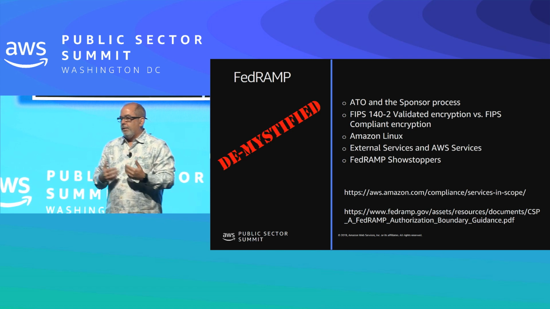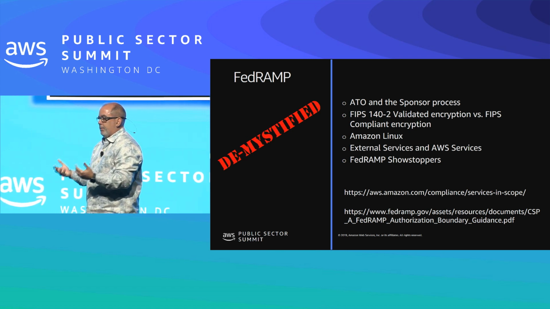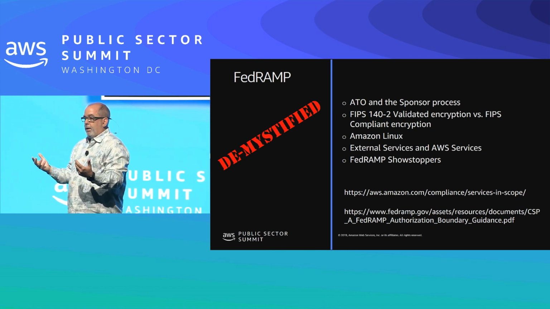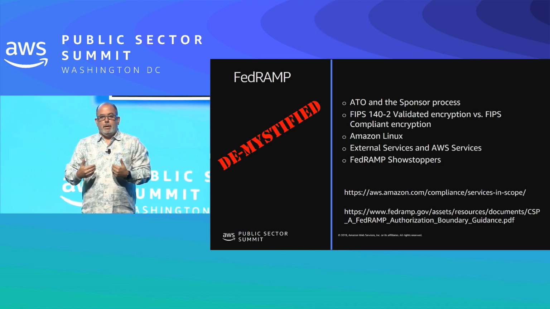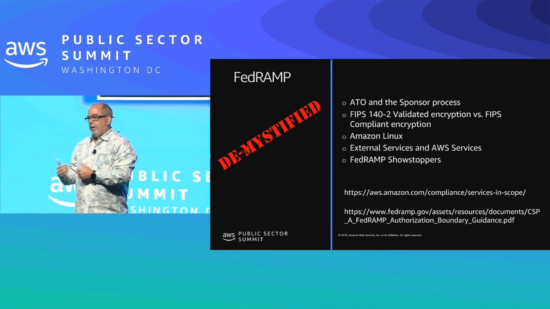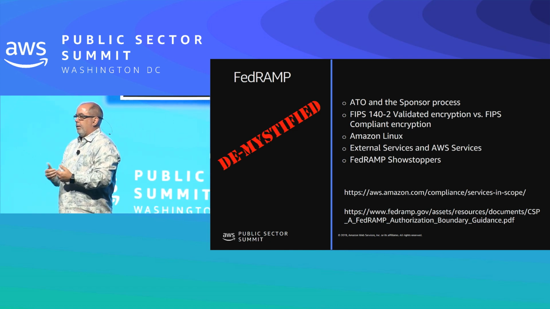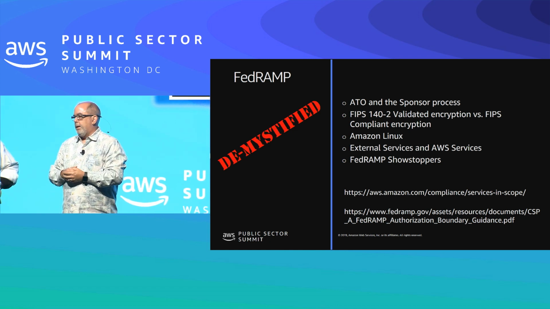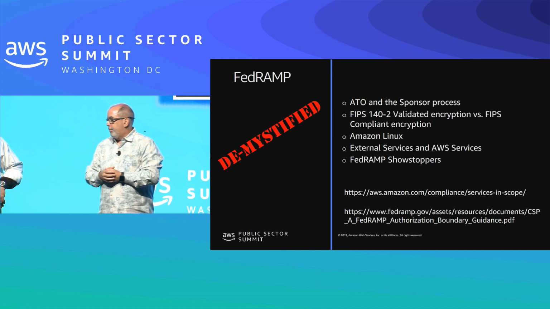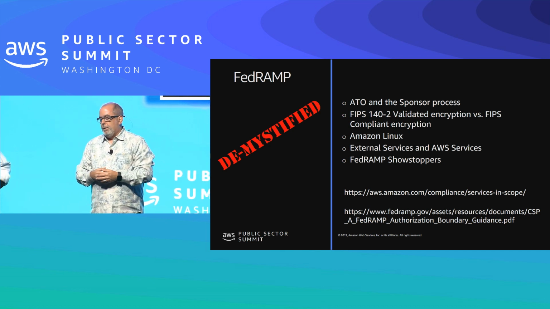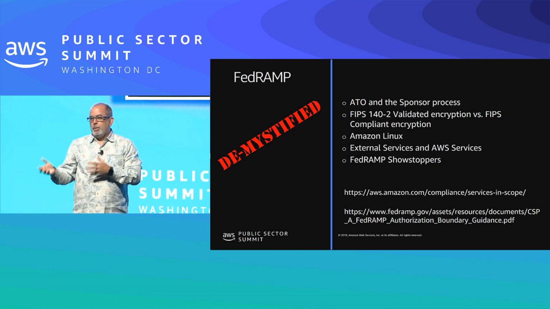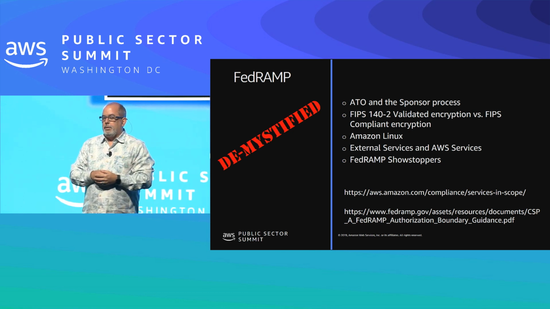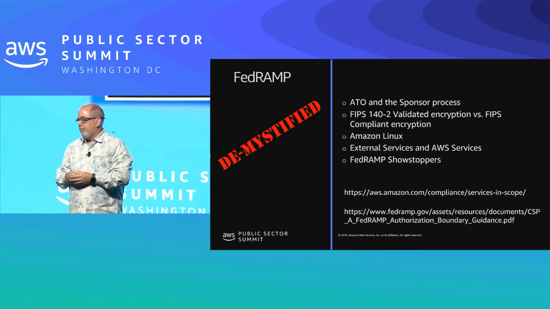Because again, that's another big showstopper, that somebody goes and uses a great AWS service, but it happens to not be in scope of our FedRAMP. It's definitely a showstopper that they can't use it within your FedRAMP or your DoD package. So make sure that you leverage that link, because we update it constantly, and there's constantly new services coming online. That's again why the ATO program is set up, to help advise customers and partners on that.